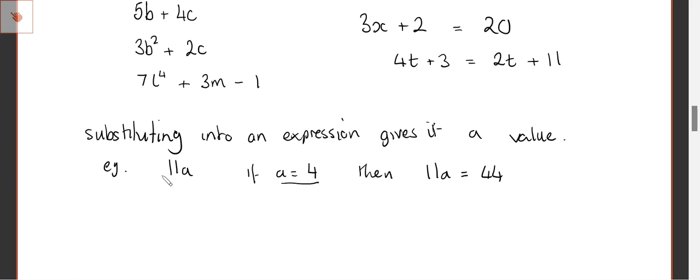Because we replaced the a, so we've got 11 times a, and 11 times 4 equals 44. Another example: 3x plus 2, when x equals minus 2.